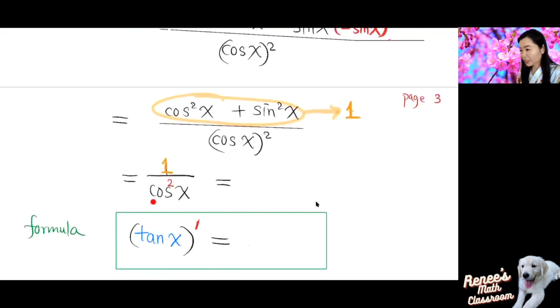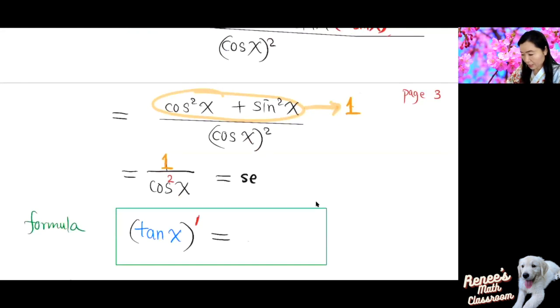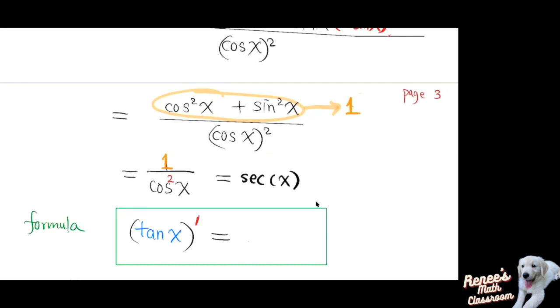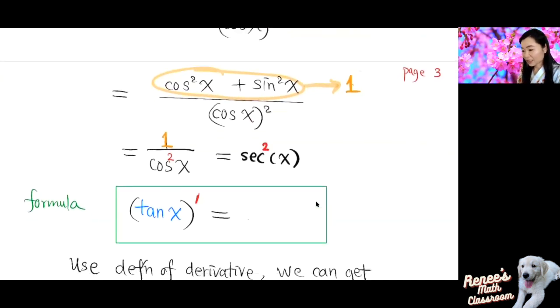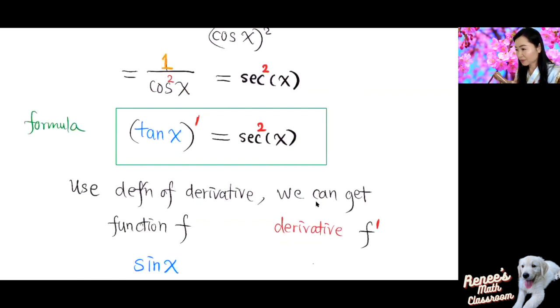Now, what's the reciprocal of cosine? It is secant. So 1 over cosine x is secant x. So this is the square of secant x. So we just discovered that the duality for tangent of x is equal to secant square x. We used the quotient rule to prove that.